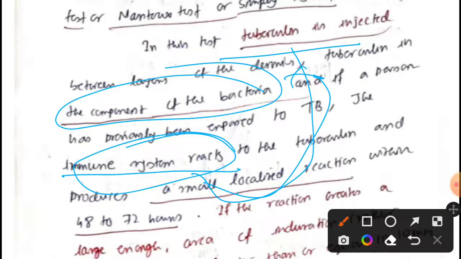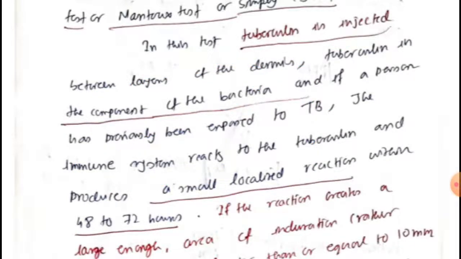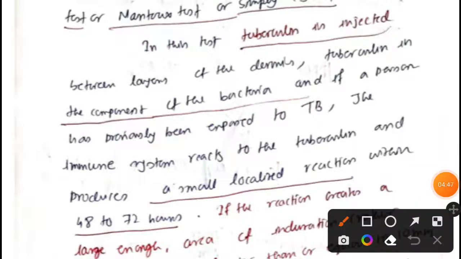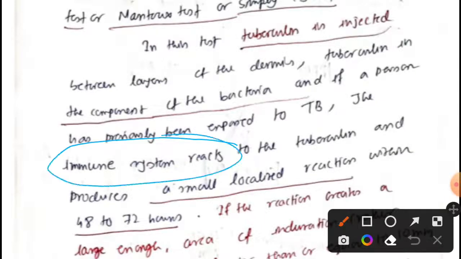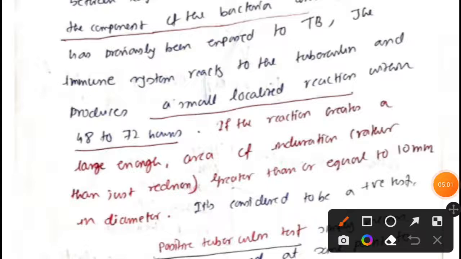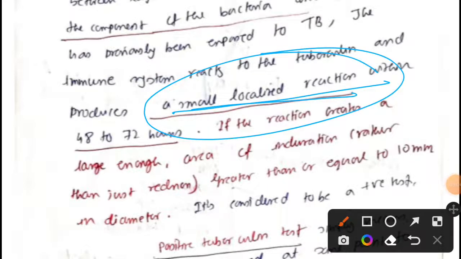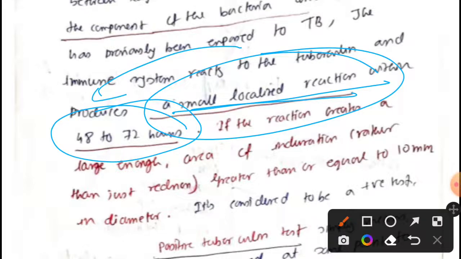Now the idea is that if your immune system has previously experienced that foreign particle, then during the secondary, or second time, exposure, the immune system will react much faster than usual and create a small localized reaction, which takes about 48 to 72 hours.